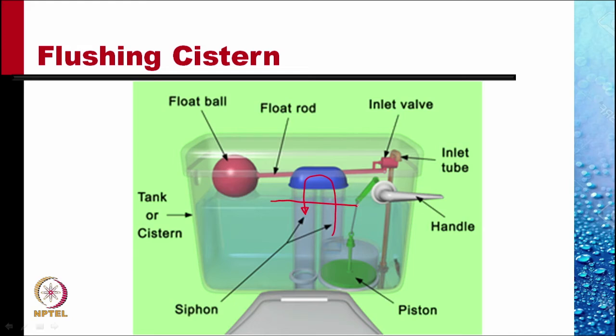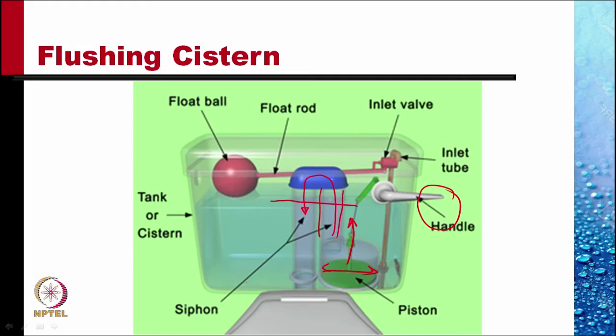Now, as you operate the handle, this big plunger is moved up. As it moves up, it displaces water inside this tube, and the water level rises and it completes the circuit.